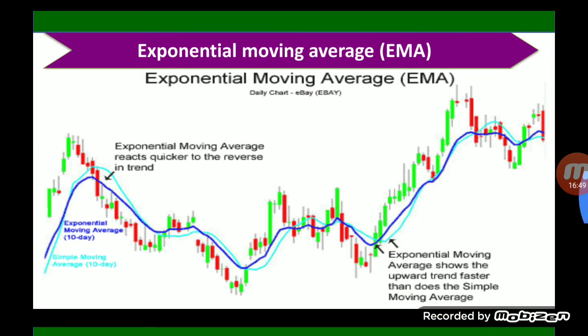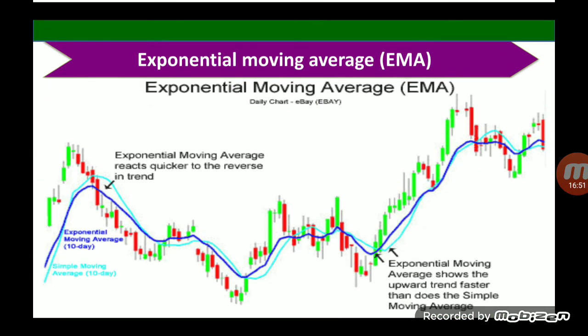So these are the exponential moving averages, EMA. Here you can see the exponential moving average reacts quicker to the reversal in trend. Compared to the simple moving average, the exponential moving average reacts quickly. So this is the benefit of exponential moving average.